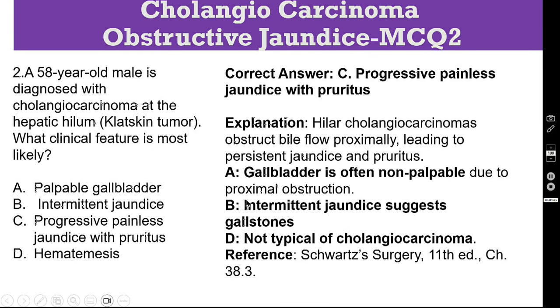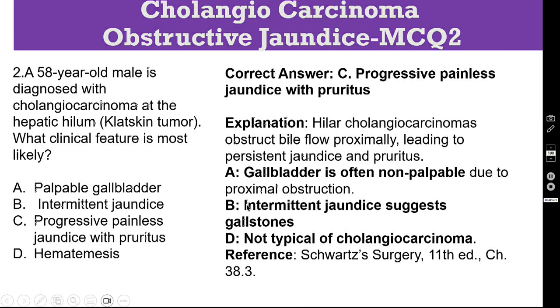The gallbladder is often non-palpable because the duct is obstructed proximal to where the cystic duct joins the common hepatic duct. The obstruction is at the level of the common hepatic duct and even proximal to that. That is why there is no gallbladder distension.